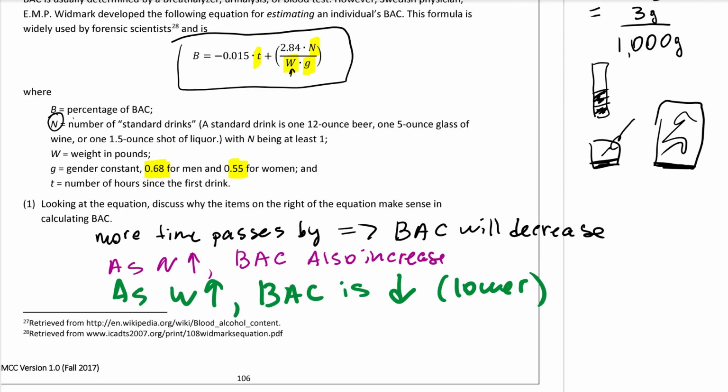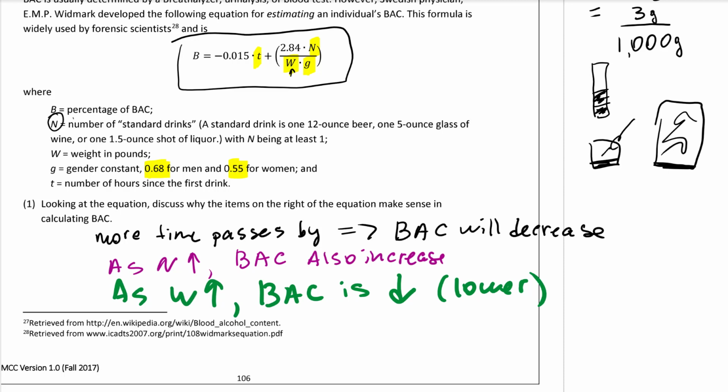If we look at a female and a male that have the same number of drinks, the same weight, and spend the same amount of time after their first drink, who will have a higher blood alcohol content, female or male? This is a very surprising result that was established a while ago. It's a biological result. I'll give you a moment.